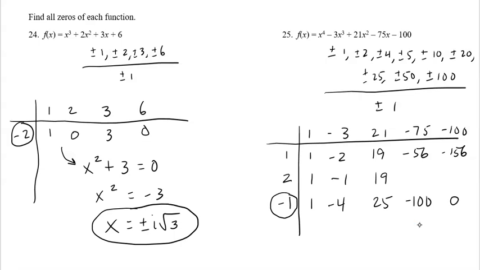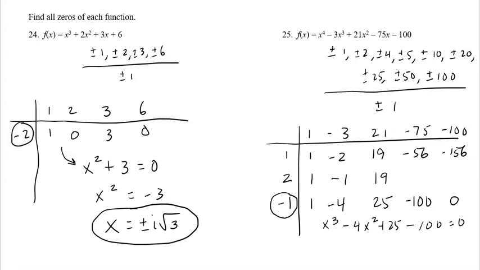And so what's left, these numbers represent a third degree. I divided into a fourth degree, so these represent x to the third minus 4x squared plus 25x minus 100 equals 0.